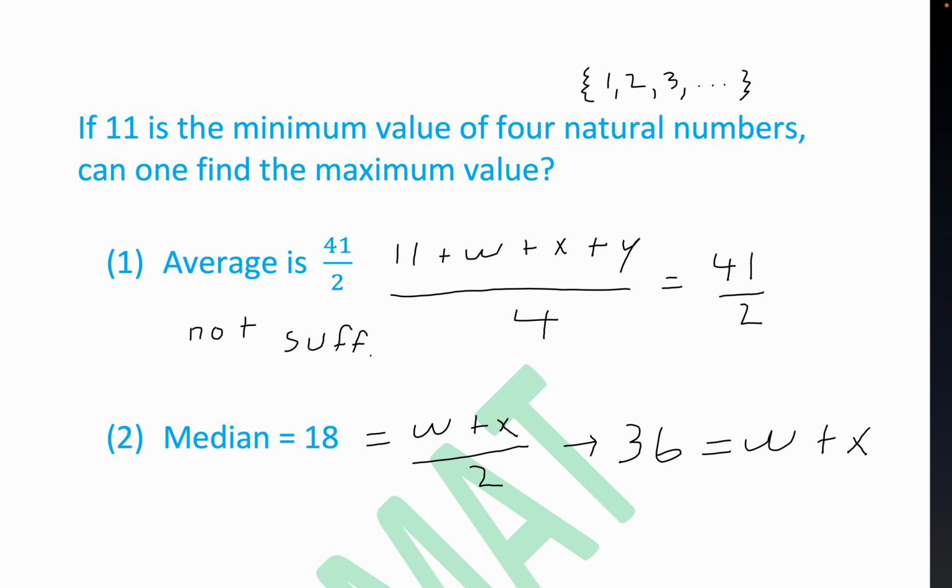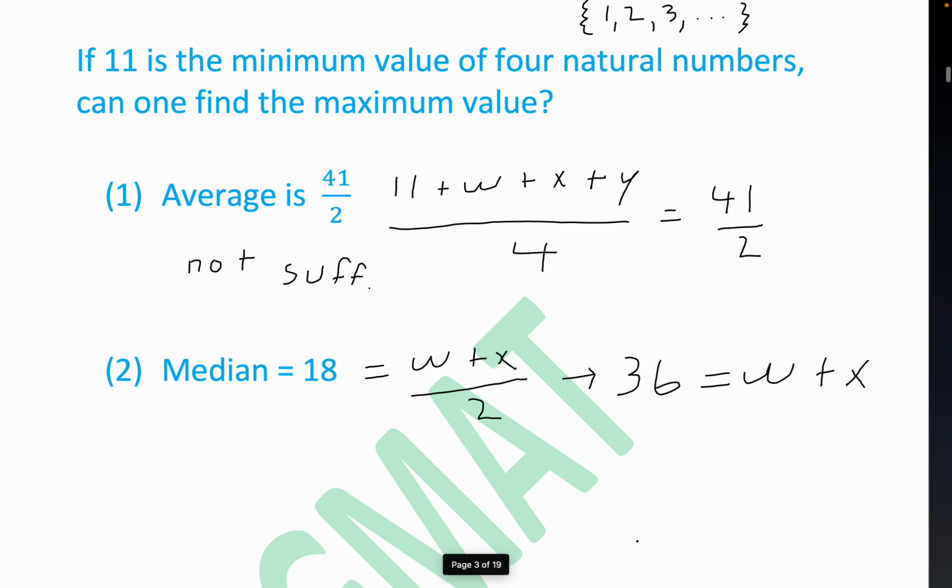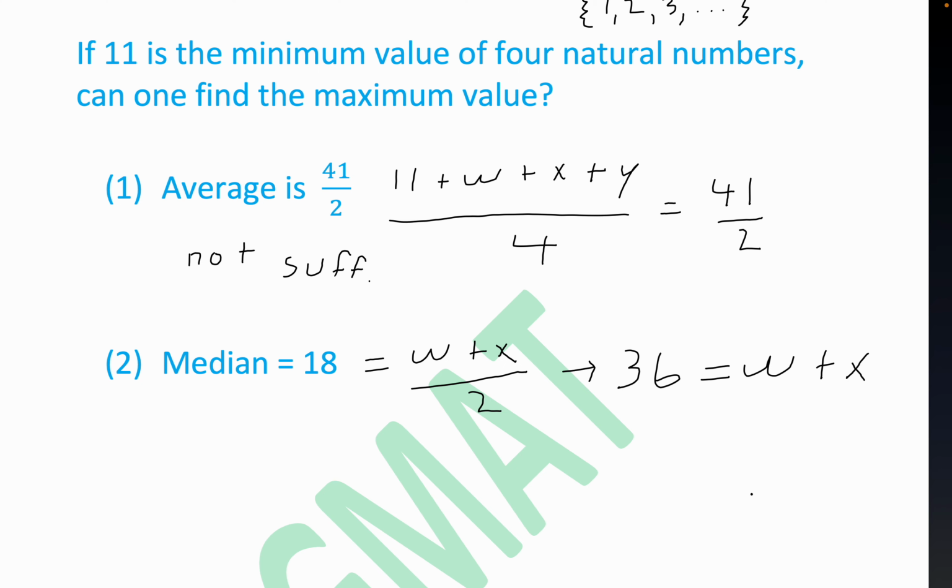Okay, now if you take a look at this above statement, notice if we were to take this 36 and place it right here, because that's W plus X, right?